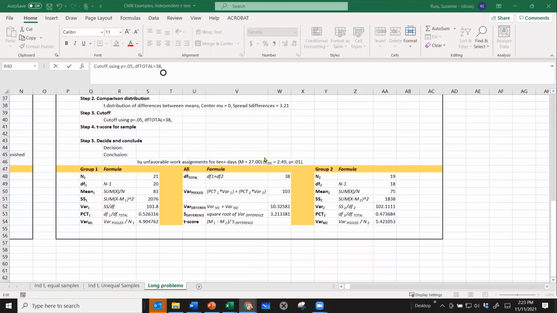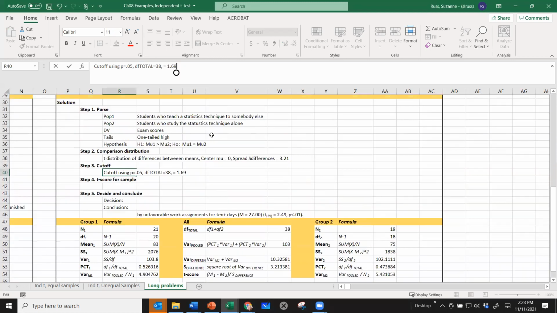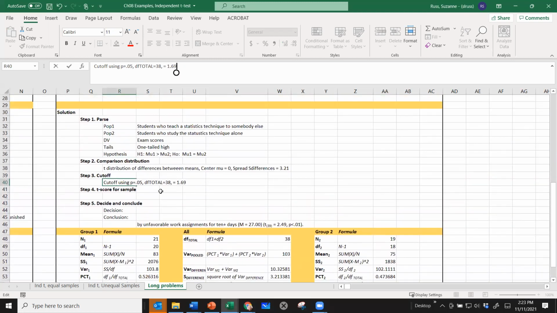So 1.69 is what we can put here for a cutoff, equals 1.69. And we were looking for high, so that would be a positive 1.69. You can see that's a nice low value, and that's because we have such a big sample.